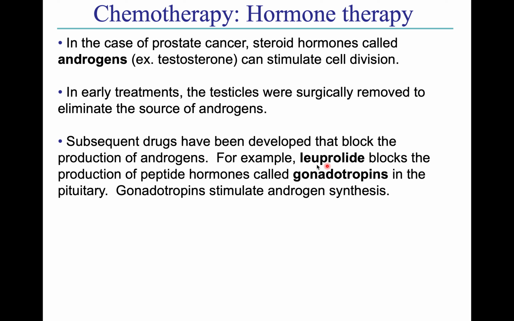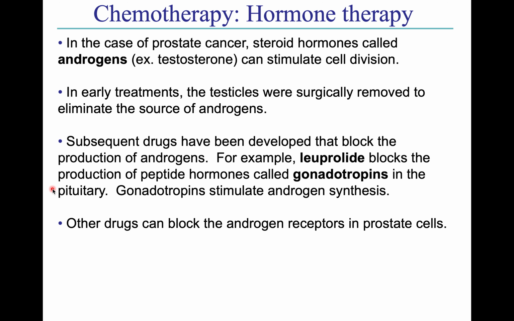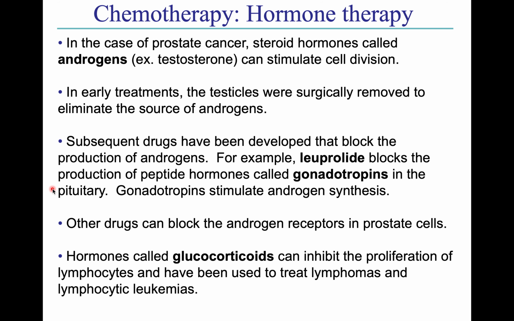So by treating with leuprolide, you're blocking the production of testosterone. Instead of having to physically remove that source, you're doing it chemically in this case. And just like we were discussing with tamoxifen and the estrogen receptor, there are drugs that can block the androgen receptors on prostate cells and interfere with that signaling in a similar way.